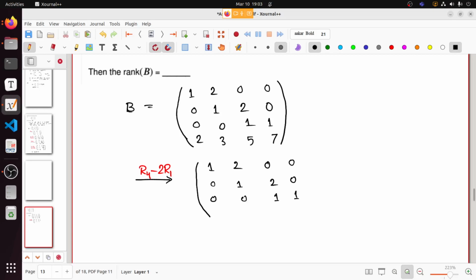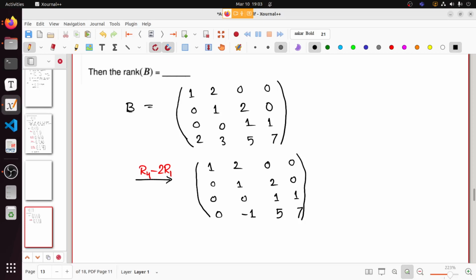So here it will become 0, 3 minus 4 it's minus 1, 5 minus 0 it's 5, 7 it's 7. So the first row is fine.